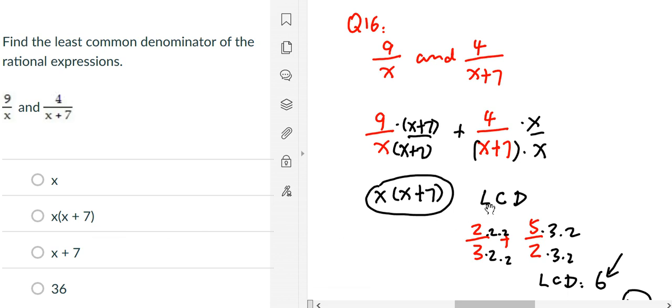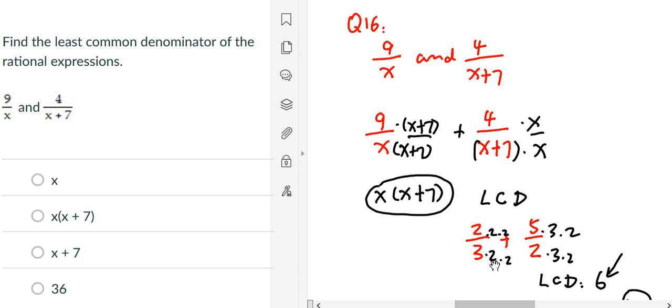Why do we need least common denominator? For example, when you do 2 over 3 plus 5 over 2, the first one, 2/3, needs 2 upstairs and 2 downstairs. 5 over 2, you need 3 upstairs and 3 downstairs.